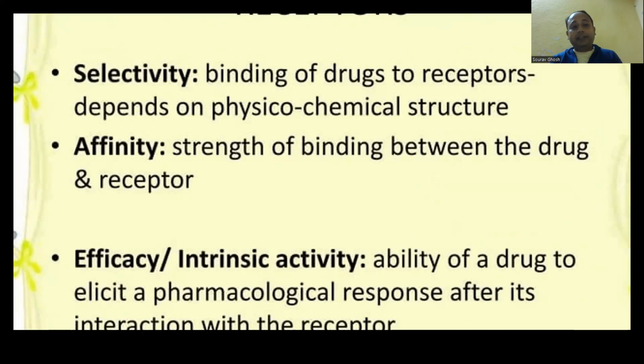And what is affinity? Affinity is the strength of binding between the drug and receptor, meaning the ability to bind. This is called affinity. And I think selectivity and affinity are present in all kinds of substances which are involved in drug-receptor interaction.